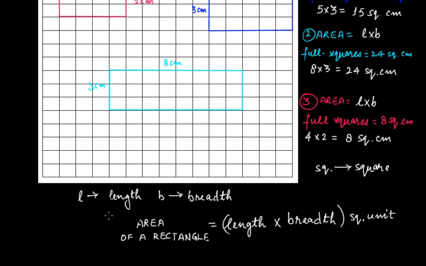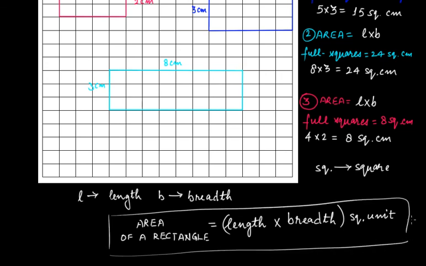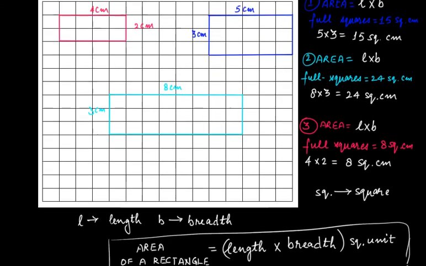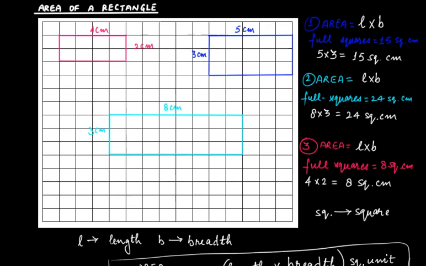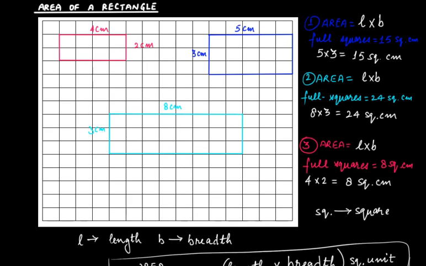This formula is really very important, and you have to keep it in mind. Here I have shown you how you can infer this formula from the discussion we have done using a square paper or a square graph. In the next video, we'll learn how to calculate the area of a square.